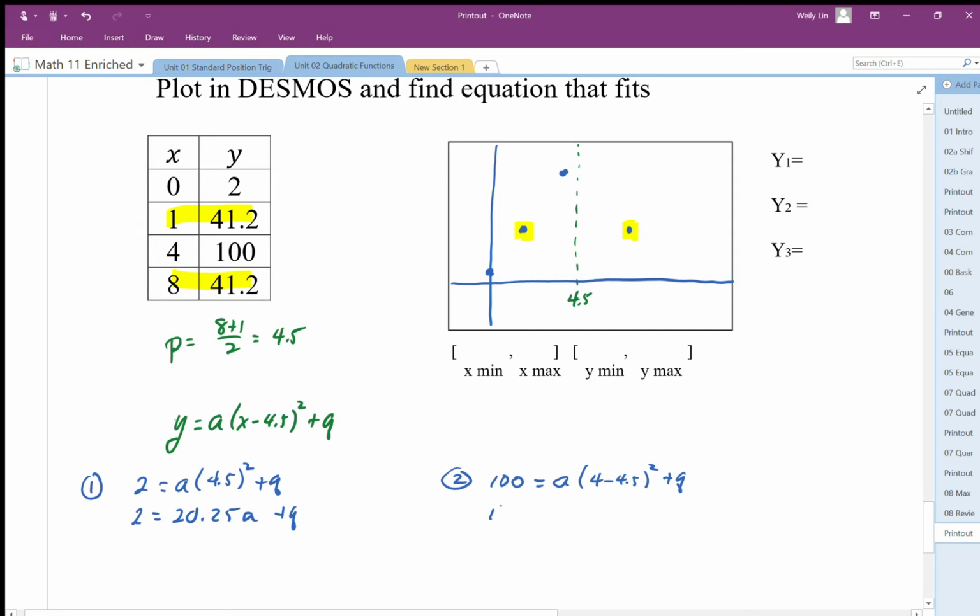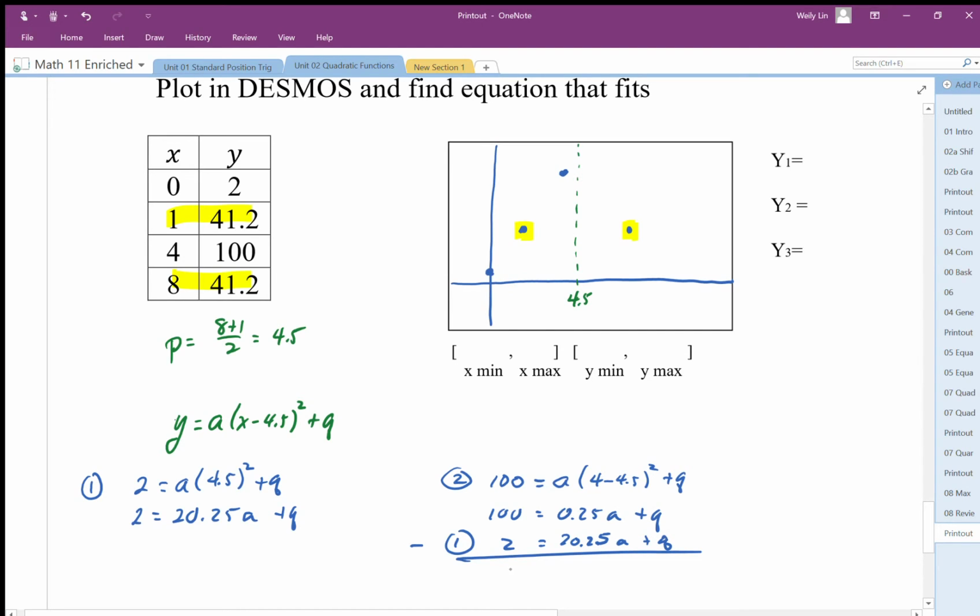Equation 2 works out to be negative 0.5 squared, or 0.25a plus q. So we'll subtract equation 1 from equation 2. The q values will then cancel out.